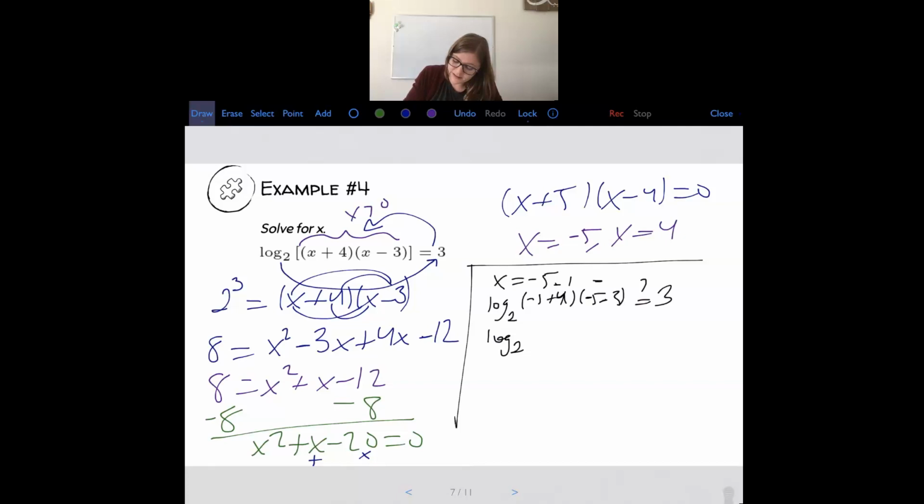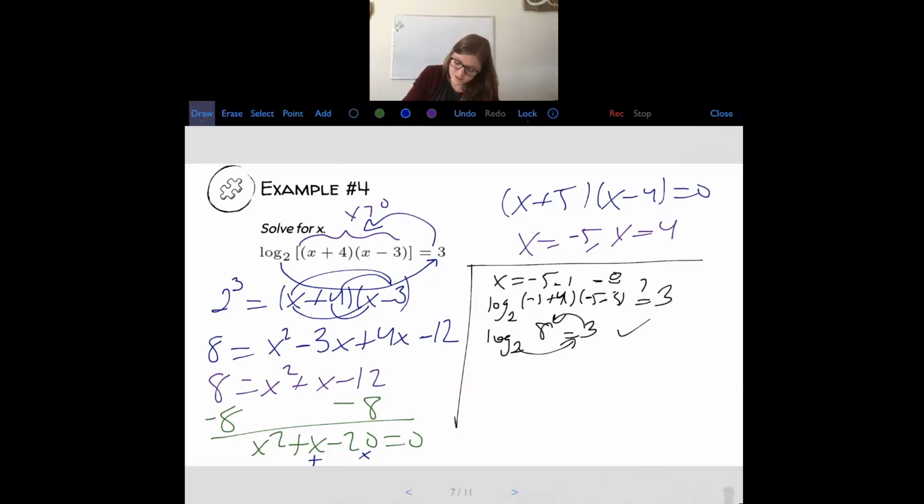Negative 5 minus 3 is negative 15. Sorry, negative 5 minus 3 is negative 8, not negative 15. I was multiplying those. So then we have 8. And 2 to the third is equal to 8. So that one checks out.